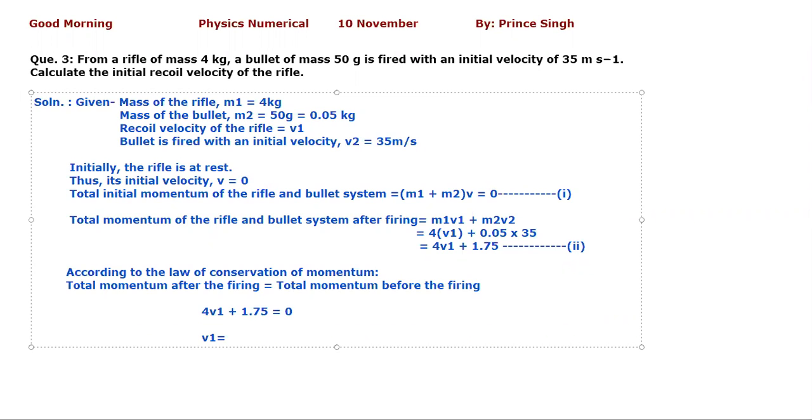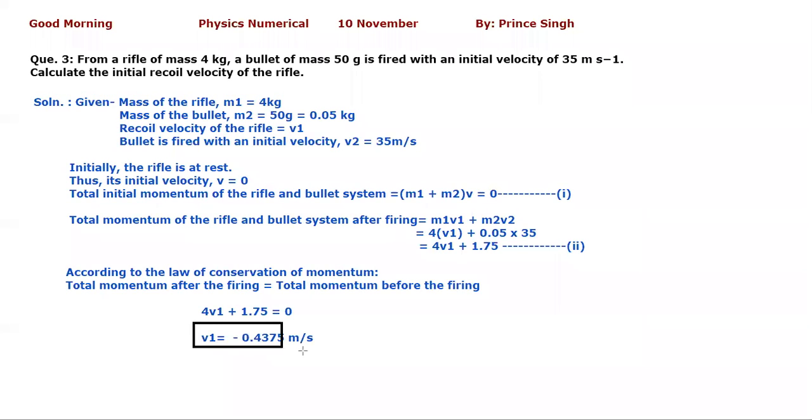Tell me the calculation, what you got. We got the value as minus 4.357 meter per second.